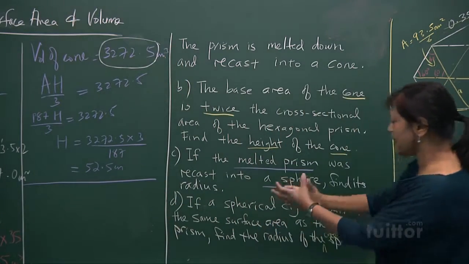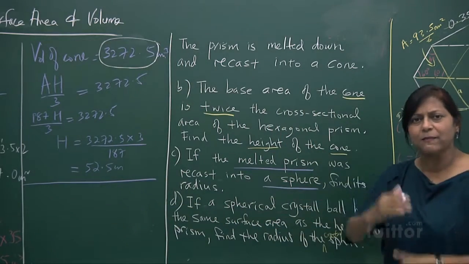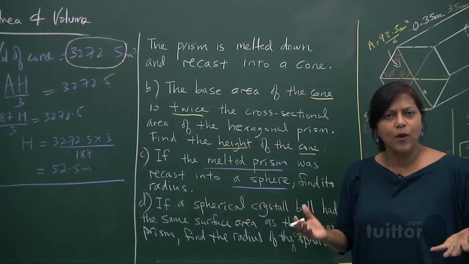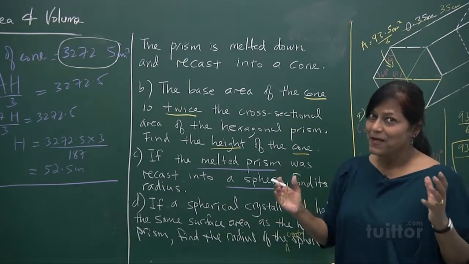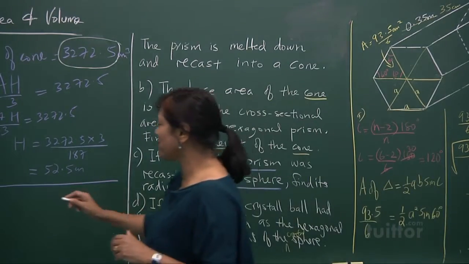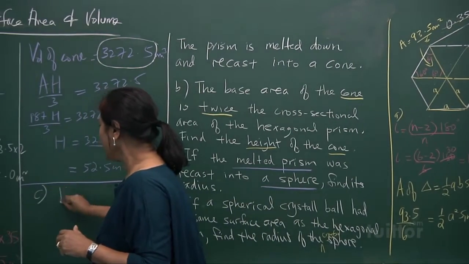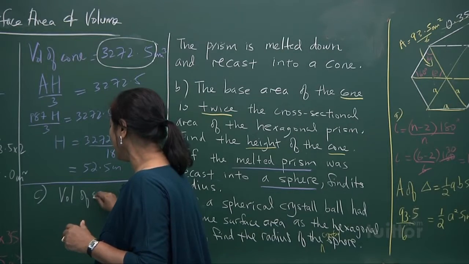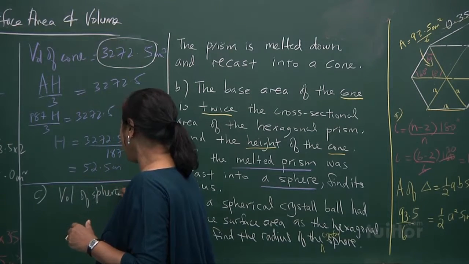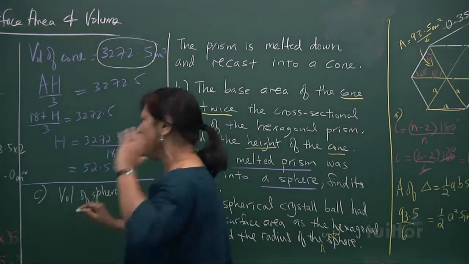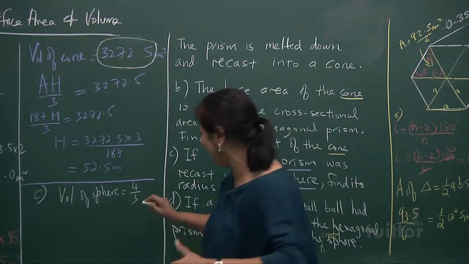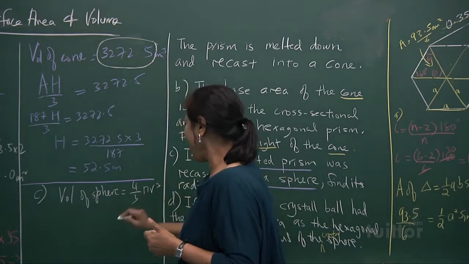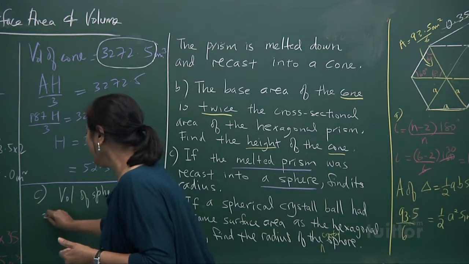So now, instead of becoming a cone, it has become a sphere. So what is the volume of a sphere? Please do not get confused with its surface area. The volume of a sphere is none other than 4/3 pi r cubed. You got it. Great.